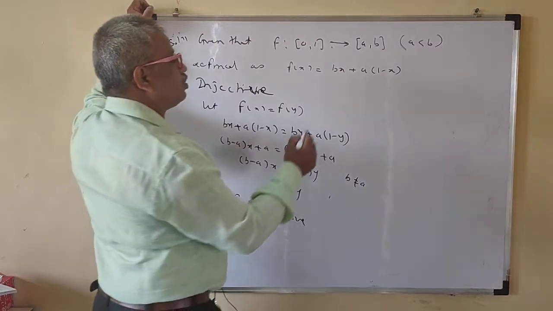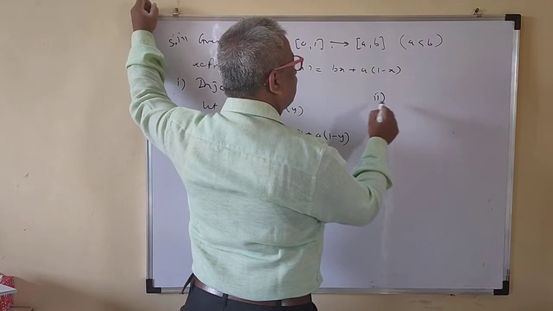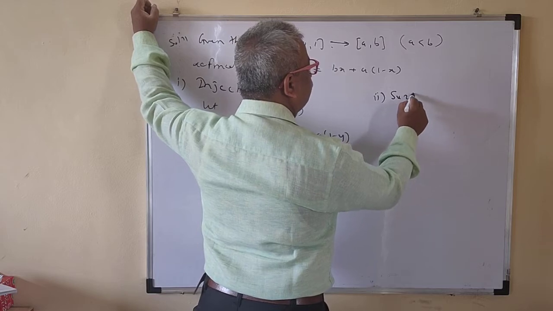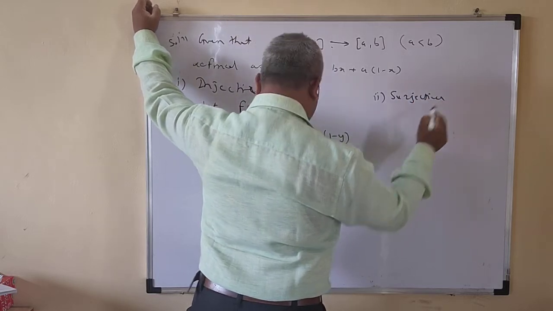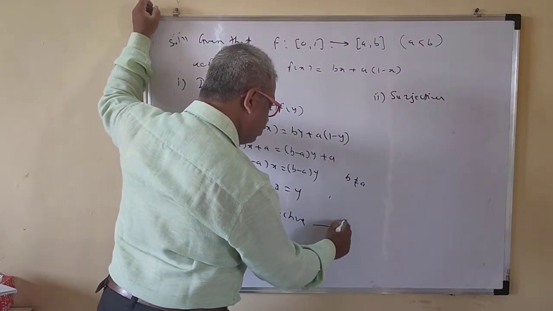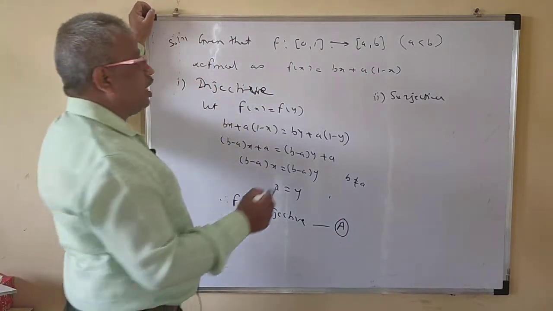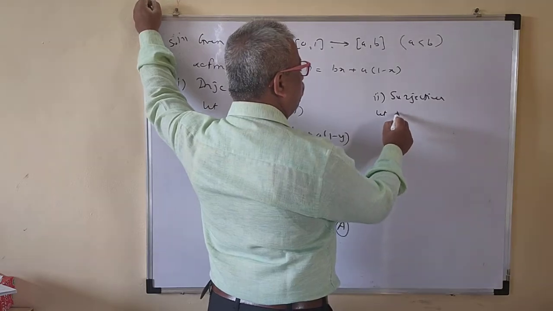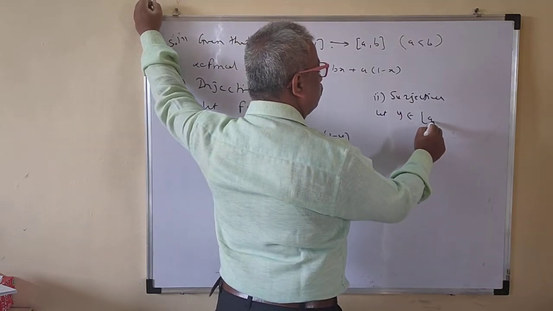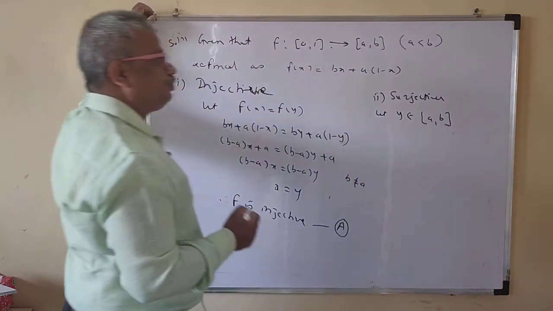Now second, surjective. To show surjective, let y belong to the closed interval AB.